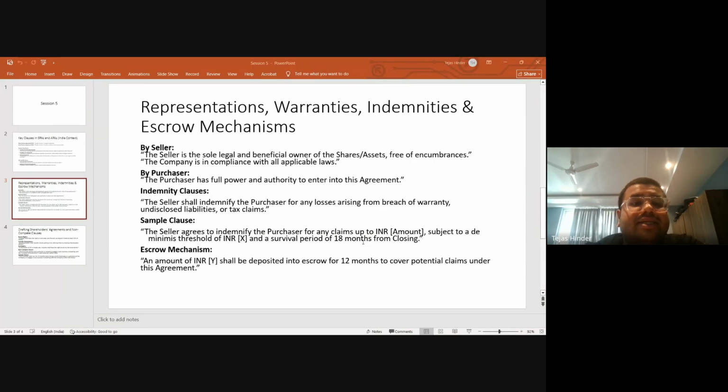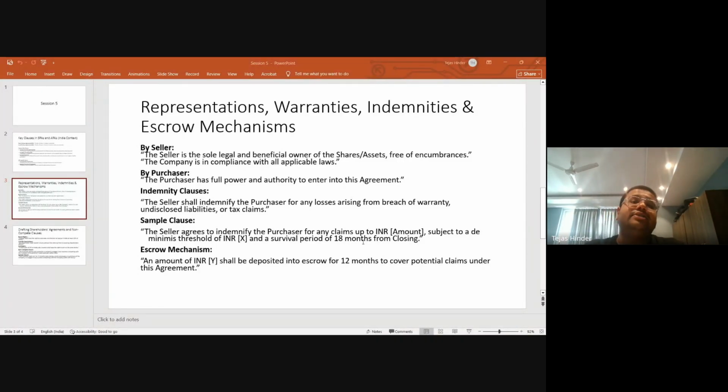Now let's understand what the relationship between representation, warranty, indemnity, and escrow mechanism is, and how they are different in their function based on their role in risk allocation. I think all of you will have questions on what exactly is the difference between a representation and a warranty, or a warranty and an indemnity.